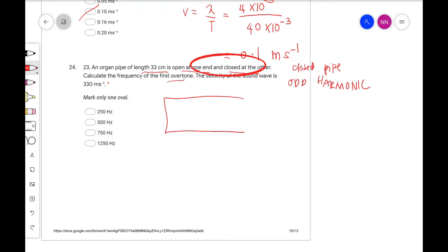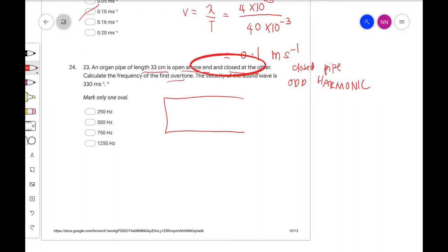Whenever you want to substitute n in the formula, maybe you want to draw the standing wave in the closed pipe. You have to relate with harmonic, not overtone. So let us find out the first overtone is equivalent to how many harmonics.